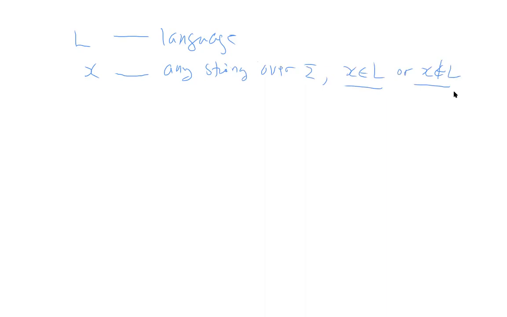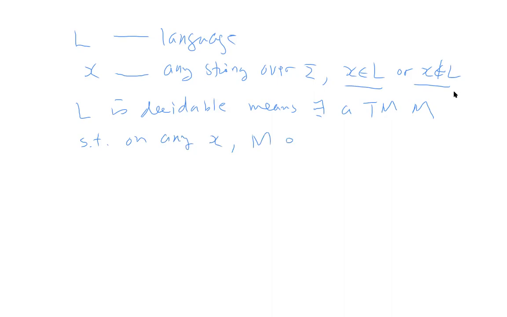And then when we say that a language is decidable, it means that L is decidable if there exists a Turing machine M such that on any string X, M on input X always halts.